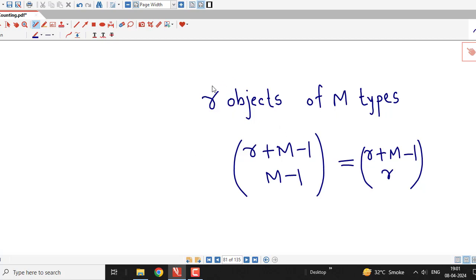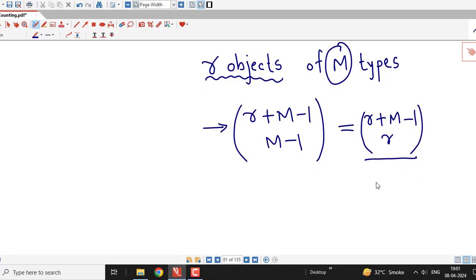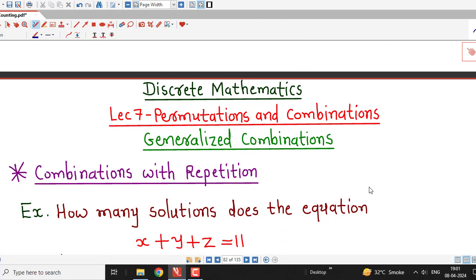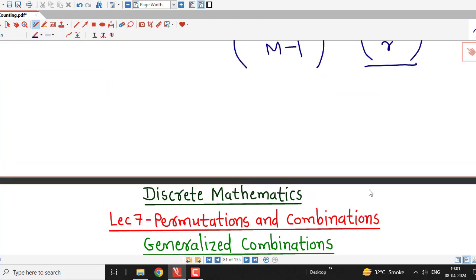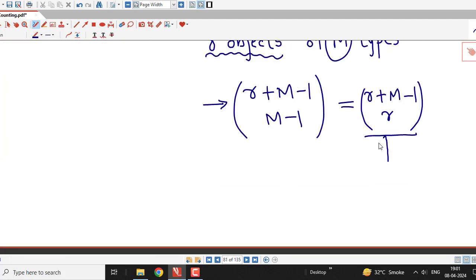So we are going to discuss one example which is based on the application of this result.